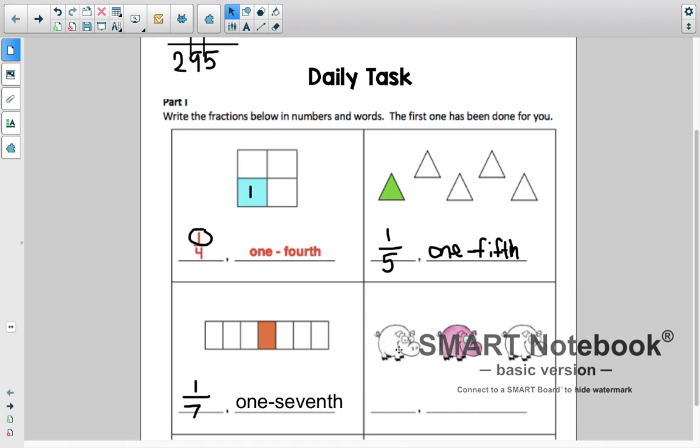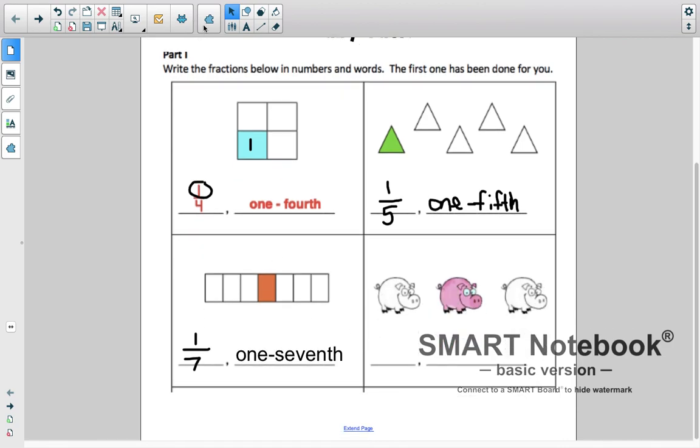All right, now we're going to look at the pigs. So, how many pigs are shaded? There's 1 pig shaded, and then how many pigs are there in all? 3. And how would we say that in word form? One-third.